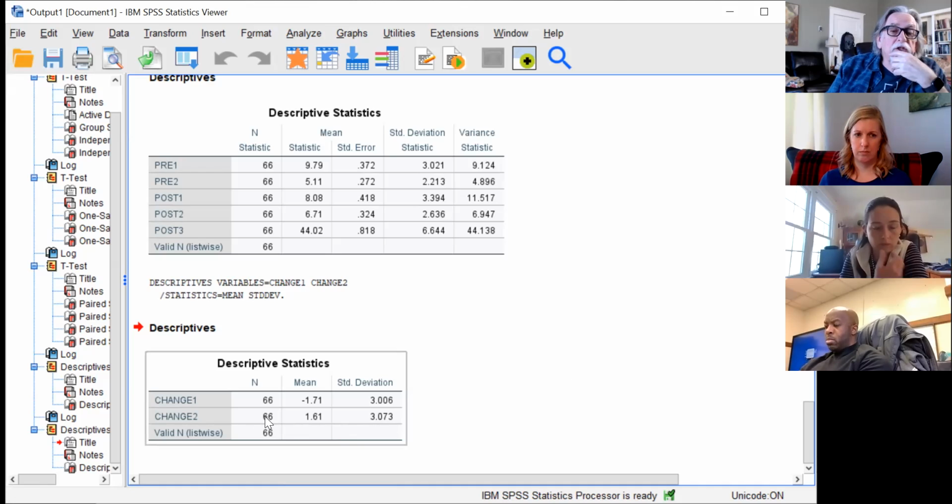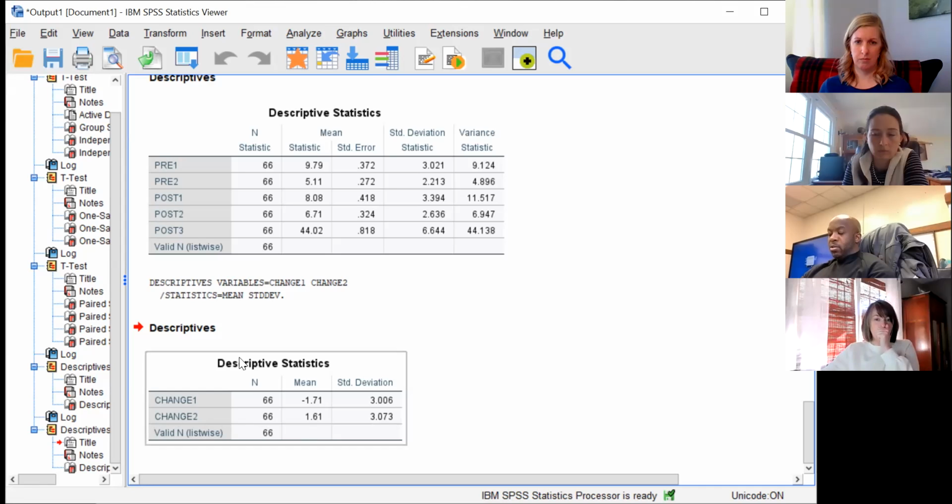And then for change 2, it's 1.61, once again, plus or minus about 6. So it's 7.61 and minus 4.61, whatever it is, 4 or 5, I don't know. The thing that crosses people up sometimes is that the default values on SPSS are to have the minimums and maximums.